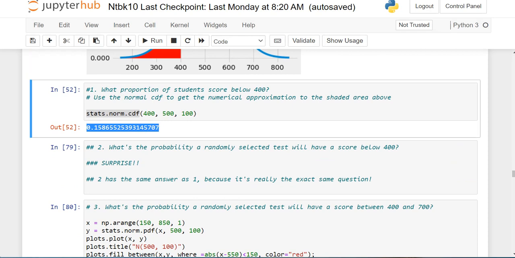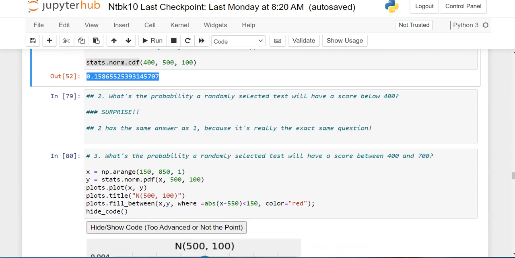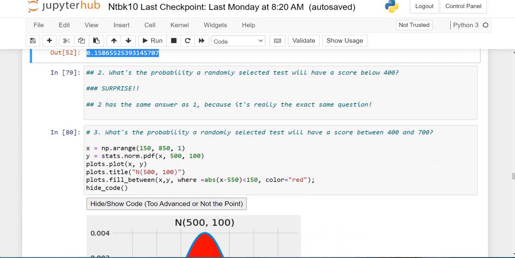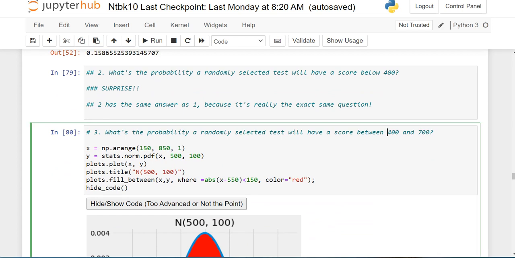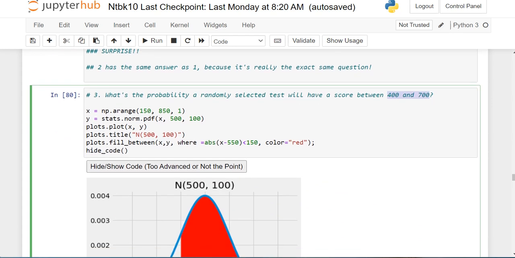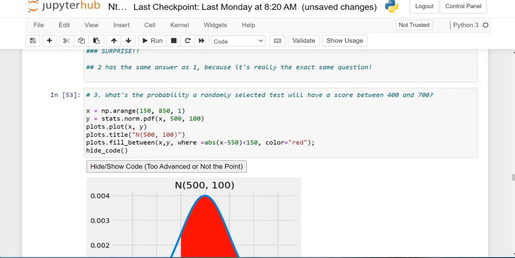Why? It's really just the exact same question. So now they're asking, what's the chance that you pick a randomly chosen score and it lands between 400 and 700? So again, we can apply the stats.norm.pdf.